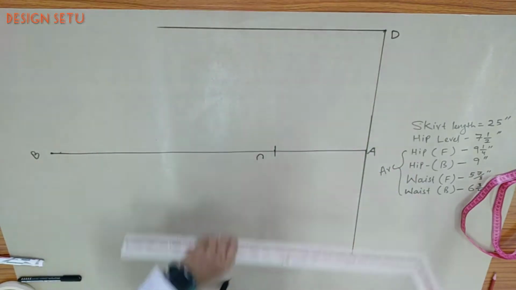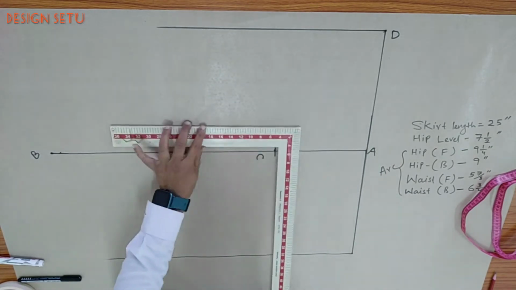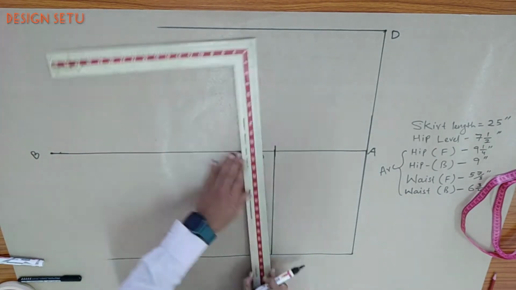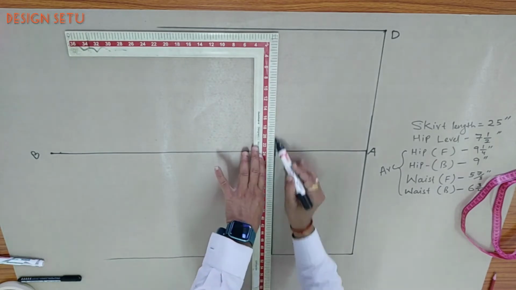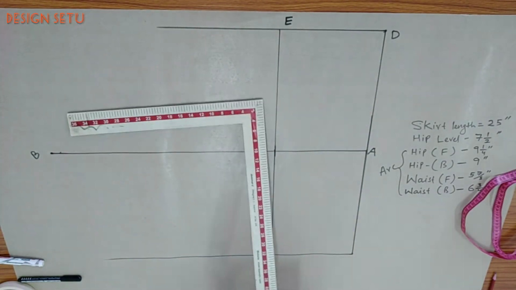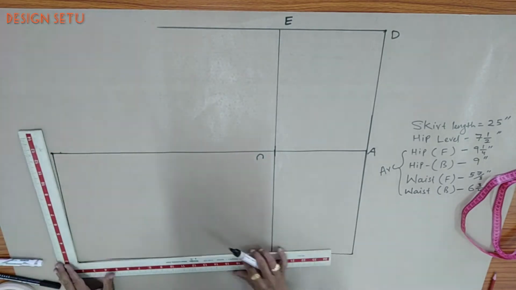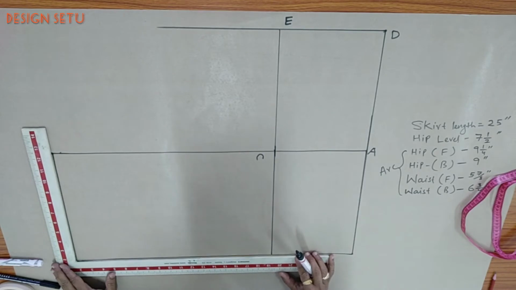Now make a rectangle as shown in the video. A to G is hip arc front plus half an inch. Your hip arc front is 9 1/4 plus half an inch, which is 9 3/4.